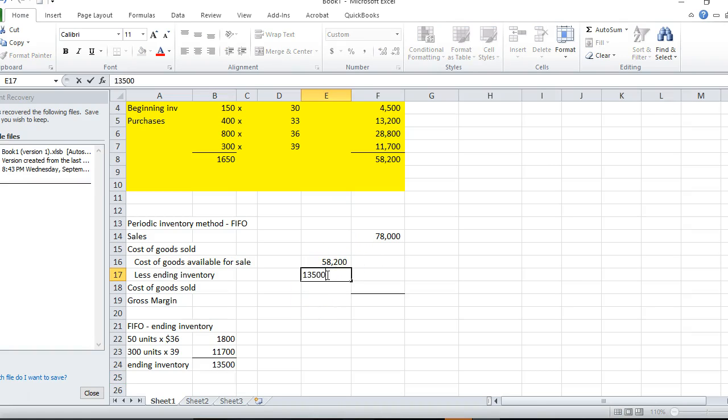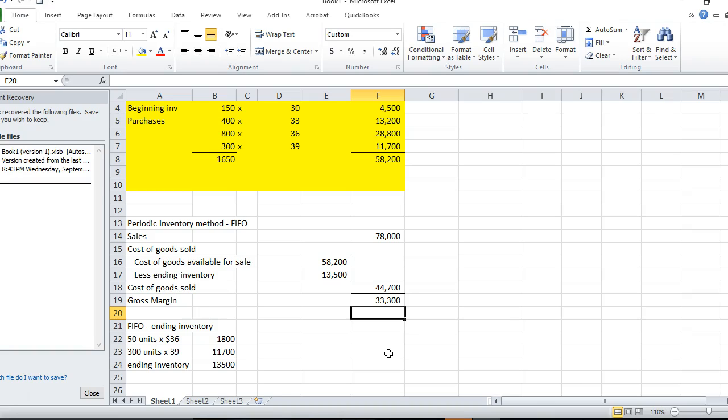So if that's $13,500, our cost of goods sold is everything else, or $44,700, which means our gross margin is going to be the difference, $33,300. That make sense? All we're doing here is deciding which of these goods did we sell and which of these goods are still sitting in ending inventory.